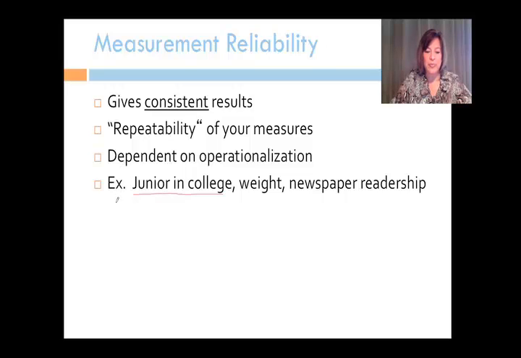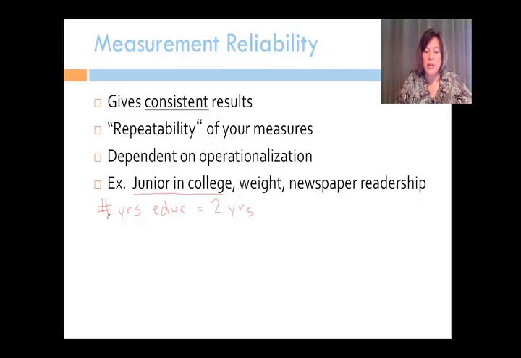Well, one person might define it as number of years of education. So a junior in college, let's say, has had 2 years. They're going into their 3rd year of college.